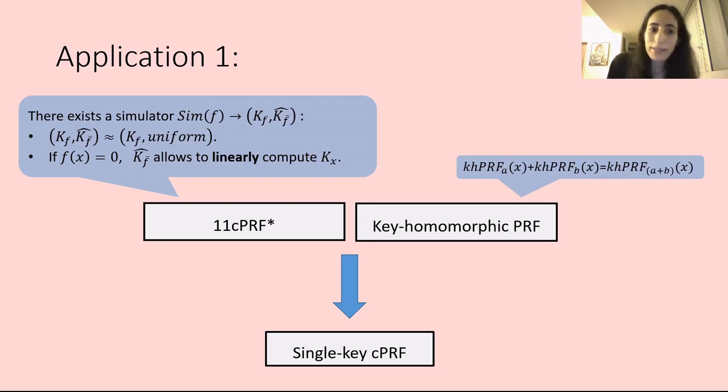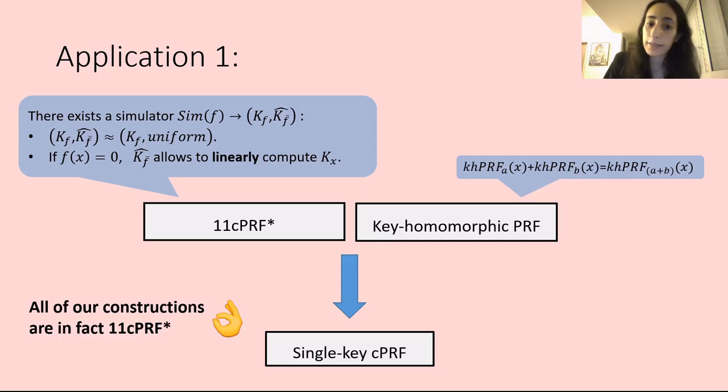So instead of now requiring this randomness with respect to every k sub x that is not authorized independently, I require that there would be a single seed, this k hat of the complement of f, which first of all, looks uniform, even given k sub f, and second of all, allows me to compute k sub x for all of the k sub x that are not authorized. In fact, it turns out that all of the constructions that I discussed previously satisfy this property. You can see that in the full paper. I will not go over it here again, but it's pretty simple to see.